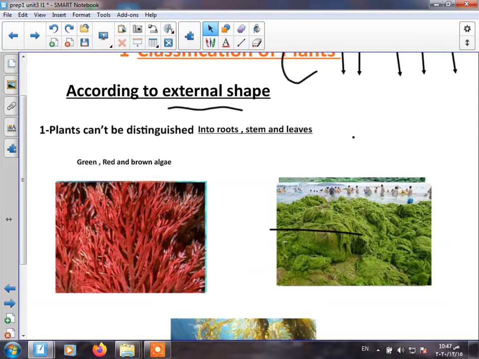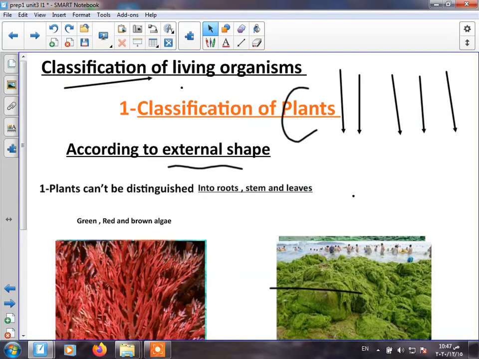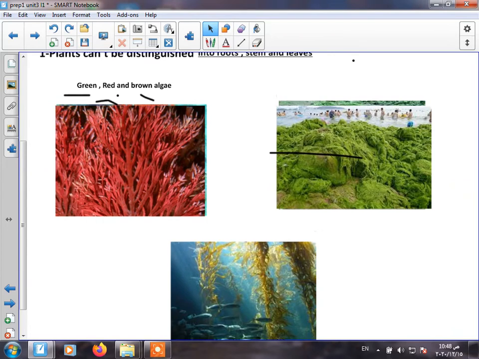So I have algae of three colors or three types: green, red and brown. Green, brown and red algae are examples of plants that can't be distinguished into roots, stem and leaves, and this is under the classification of plants according to the external shape.